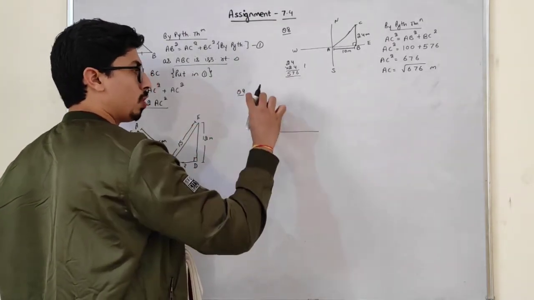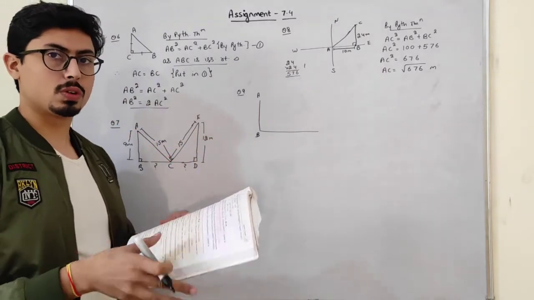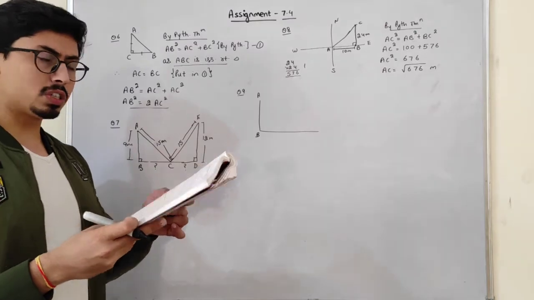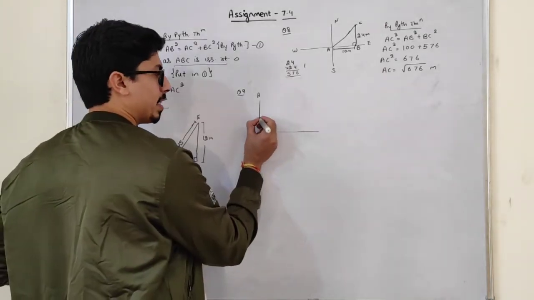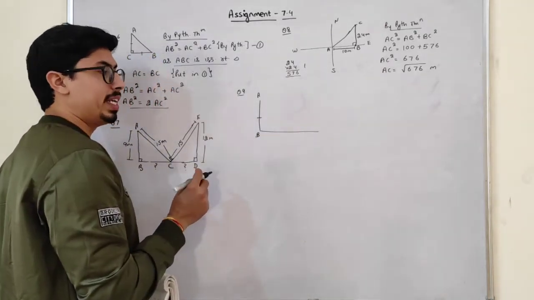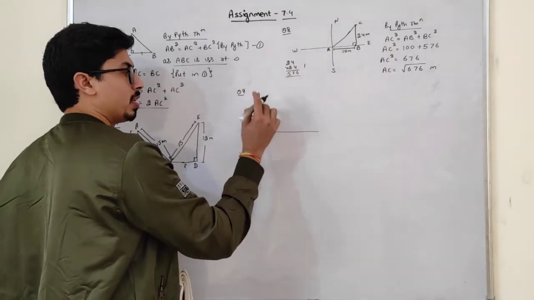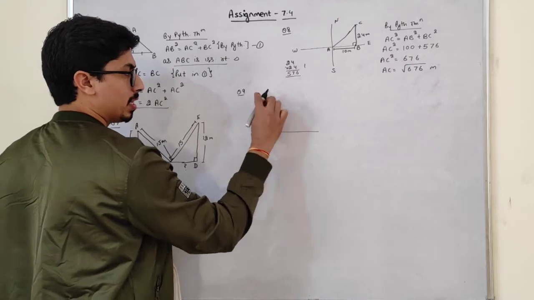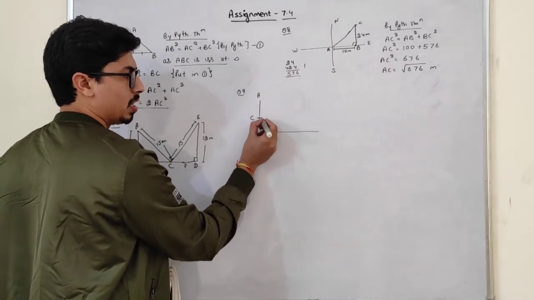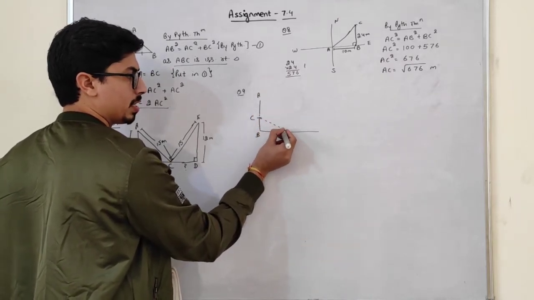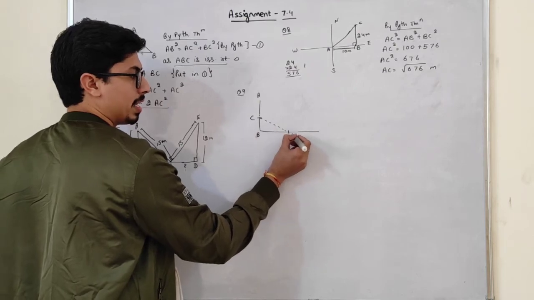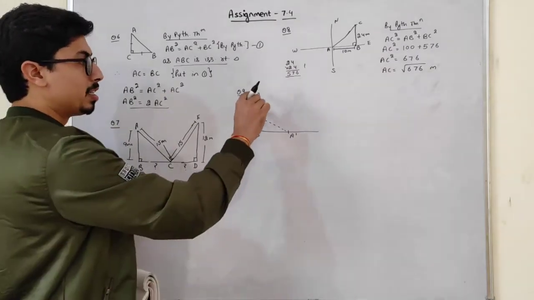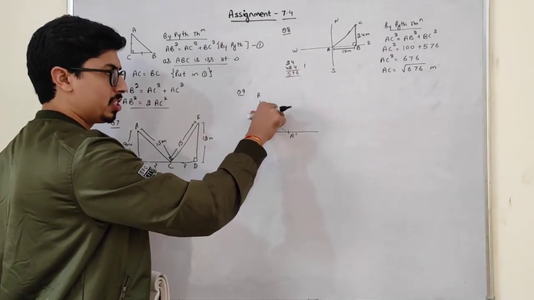AB is the length of the tree before it breaks. Like if I say the tree broke from this point, so this portion of the tree touches the ground. So now this AC shifted here, and now A dash, this length will be equal to this length because this part of the tree touches the ground.